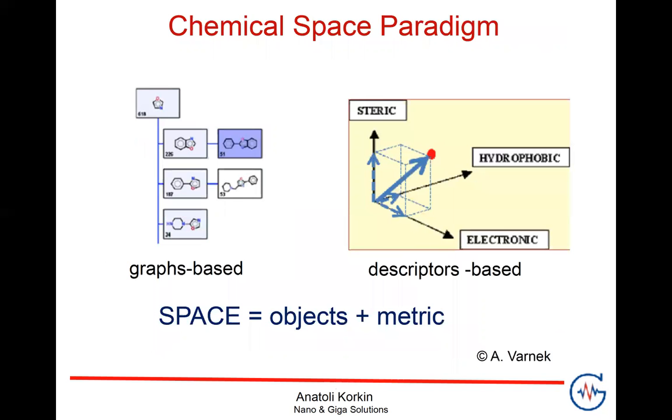So this is just a diagram showing what the chemical space paradigm is. So in chemical space paradigm, you have several dimensions which describe various properties, and it's based on graphs. So you describe the graph or structure of molecules, and for each of them get the descriptor type space where you look for optimizing certain properties.